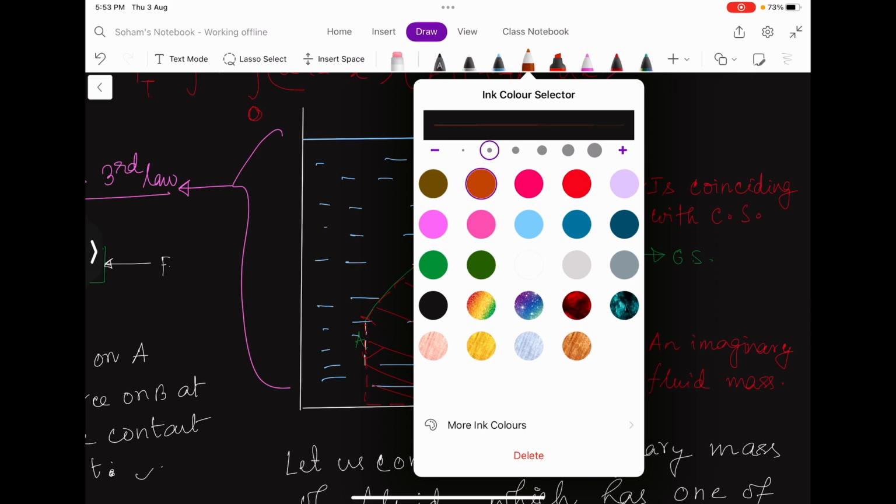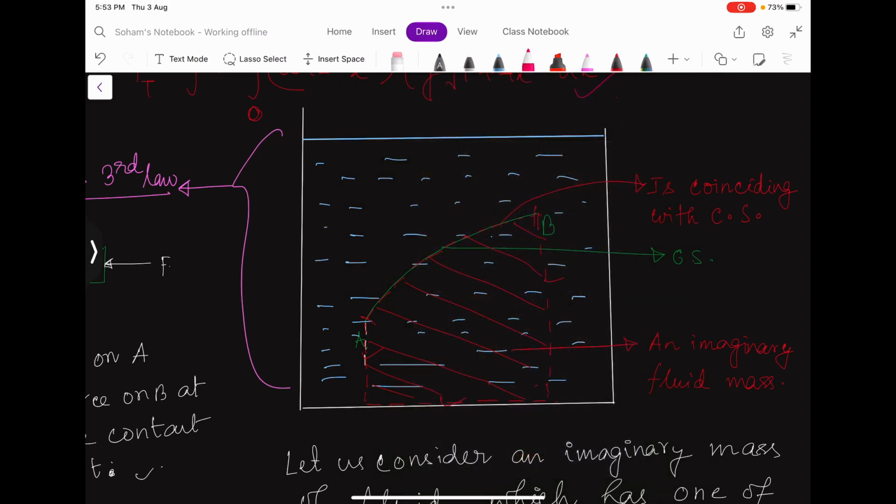Let us draw another boundary, and let us choose another color to have the contrast with the previous boundary.